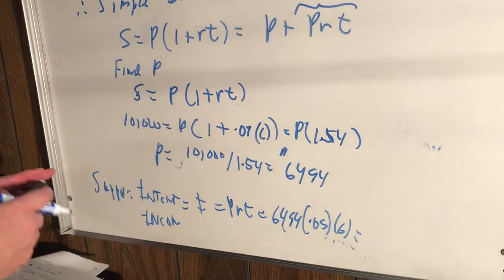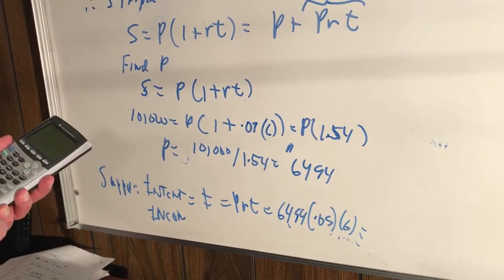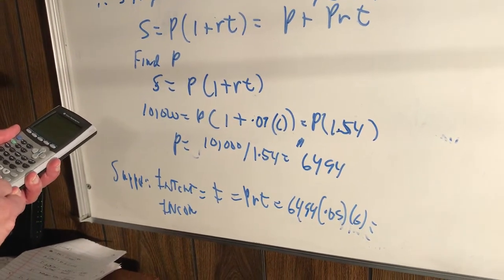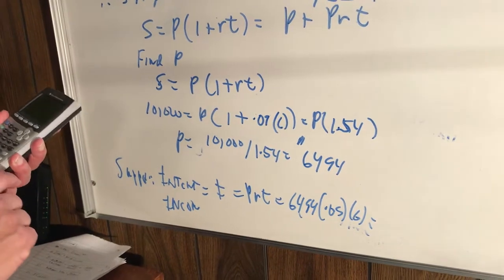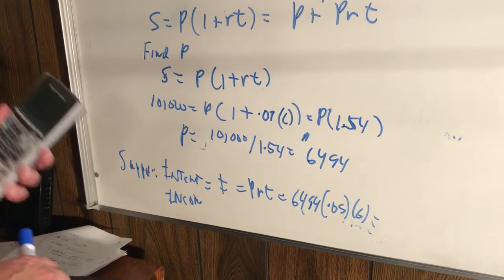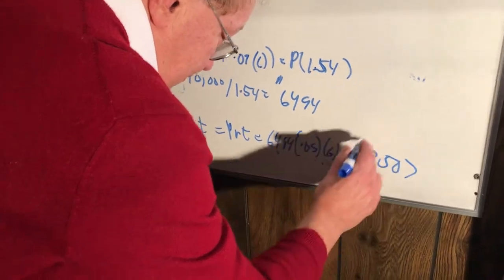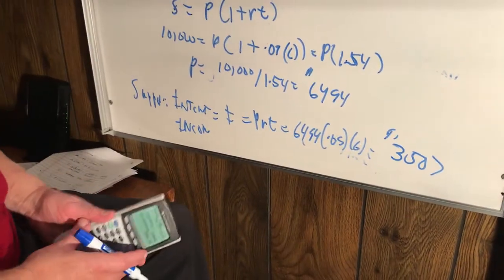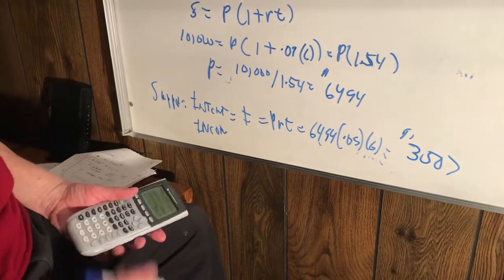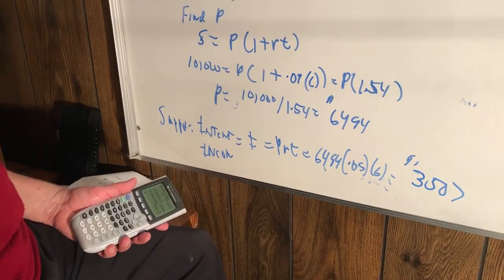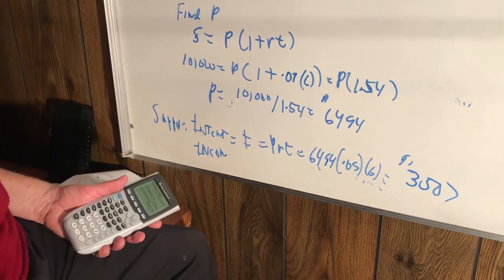Let me figure that one out because I didn't do it. $3,507. So that's my interest income. Isn't that also the future value minus the principal? It looks like it's off by 1.